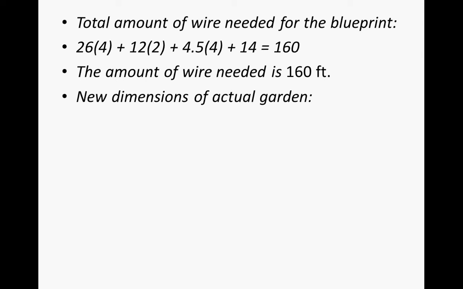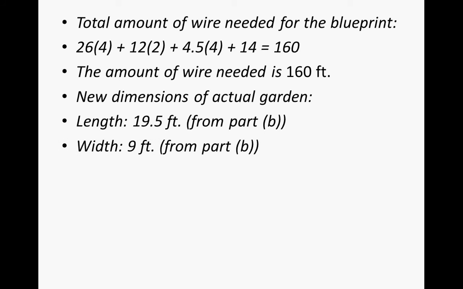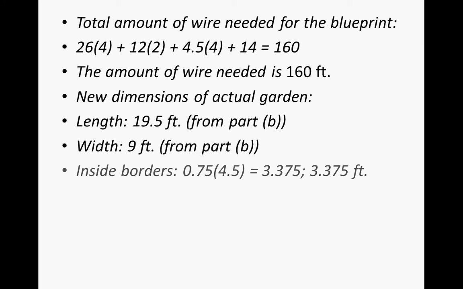So now let's talk about the new dimensions of the actual garden. Well, the length, 19 1/2 feet from part B, and the width, 9 feet, also from part B. And now we have to do the inside borders.